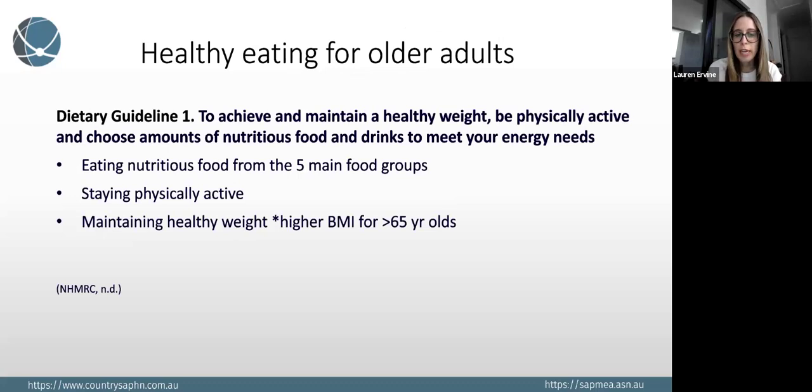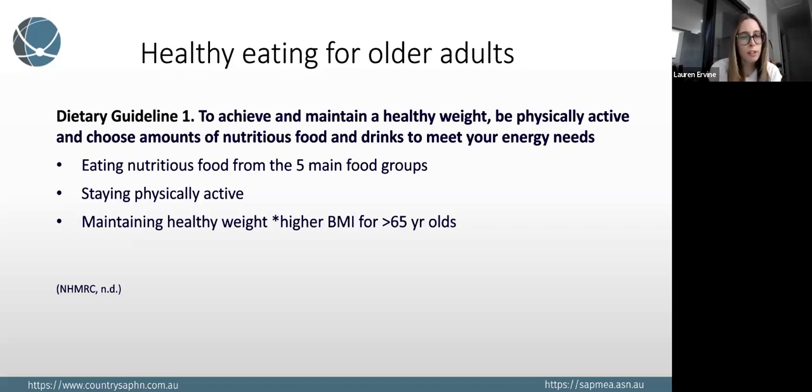So there are 3 major dietary guidelines from the NHMRC around healthy eating in older adults and maintaining their nutritional status. So the first guideline is to achieve and maintain healthy weight, continue to be physically active, and choose good amounts of nutritious food and drink to meet energy requirements.